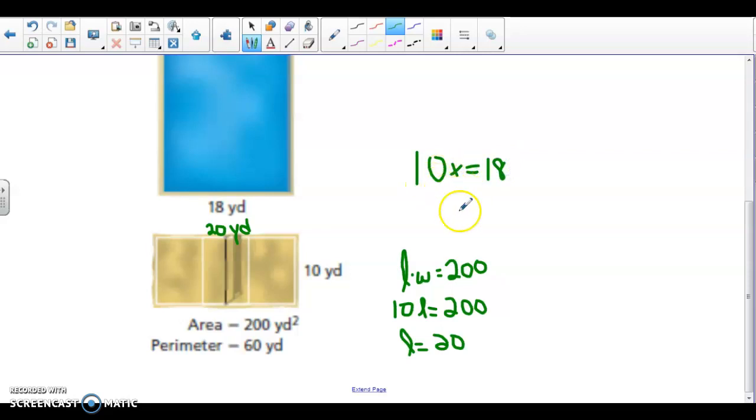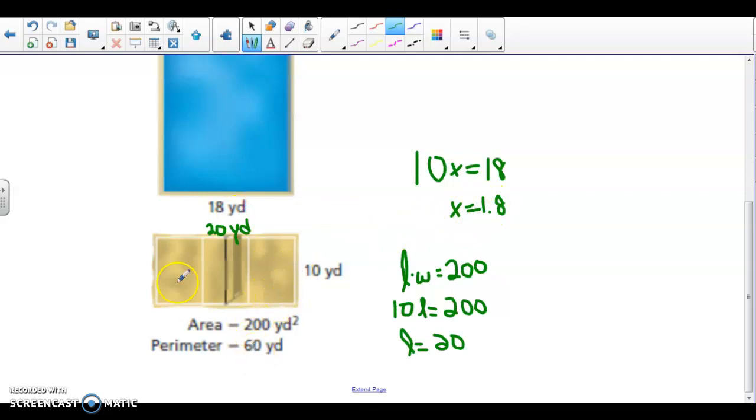So I'll divide both sides by 10, and I get x equals 1.8. So 1.8 is what we call the scale factor. It's what you'd multiply this by to get to this. So it wasn't quite doubled, it was multiplied by 1.8.